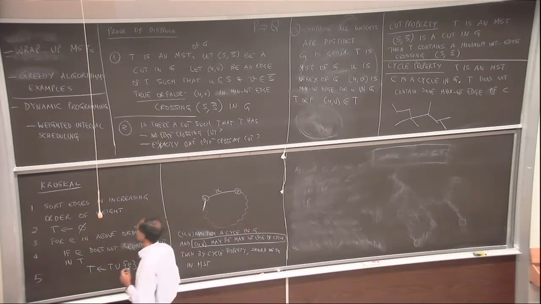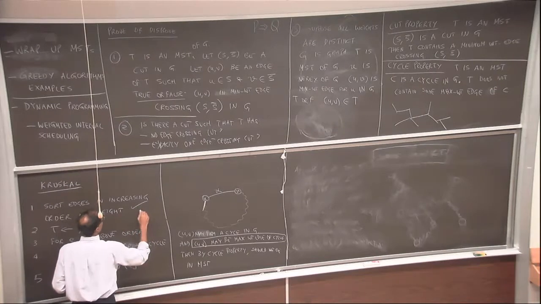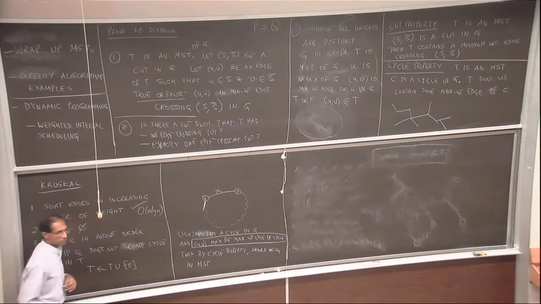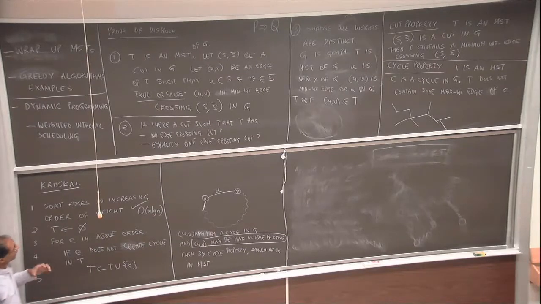Okay, so we observe that this can be done in order m log m, sorting of m, where m is the number of edges and m cannot be any more than n squared, so that's a bound. And then here we are repeatedly checking, whenever we add a new edge, whether it forms a cycle or not.